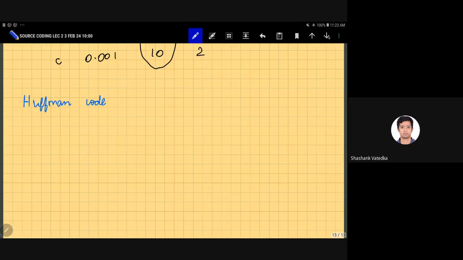Let us say that we have just three symbols, A, B, and C, with probabilities P of A, P of B, and P of C. Okay, so P of A is greater than or equal to P of B, which is greater than or equal to P of C. Now, irrespective of what the numbers are, can you think about what would be an optimal code for this in the sense of minimizing expected length?